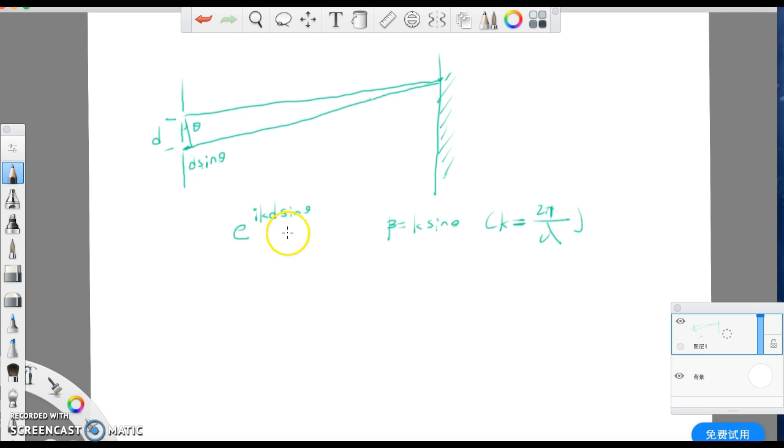Then the wave difference is just e to the i beta d in this case.